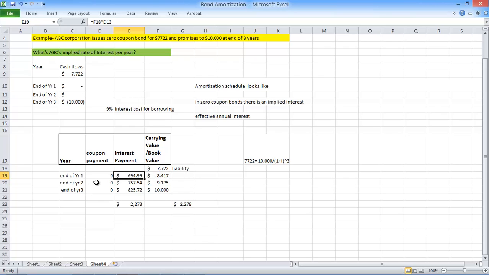At the end of year two, you haven't paid any coupon, so your interest payment is 757.54, and at the end of year three, you pay off the bond and remove it from your balance sheet.